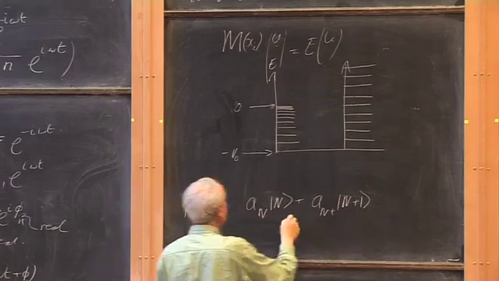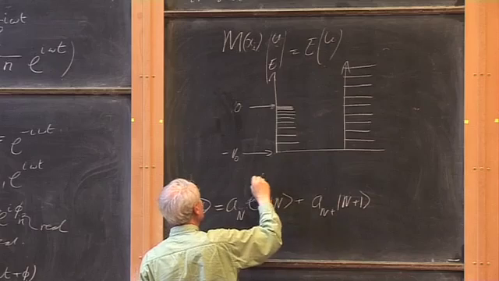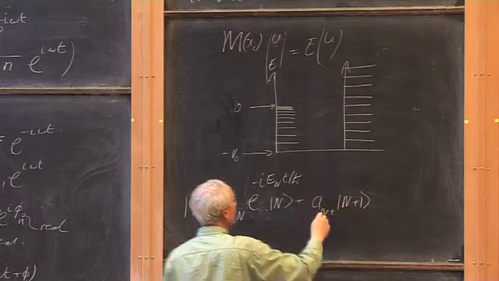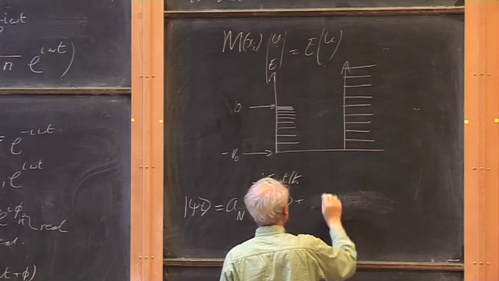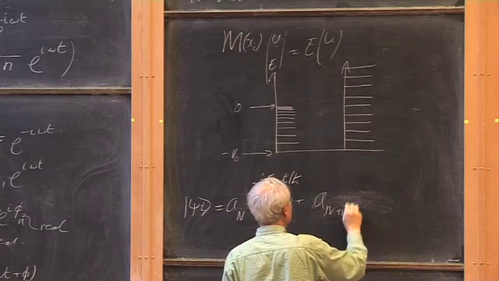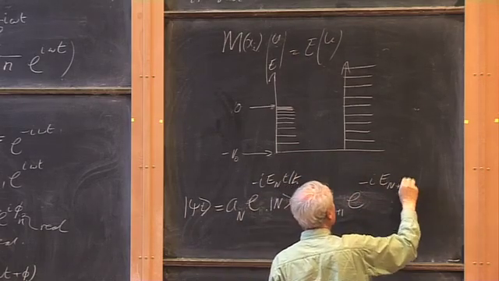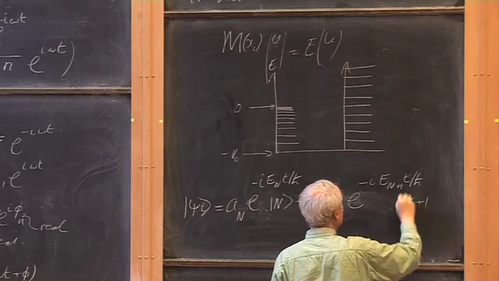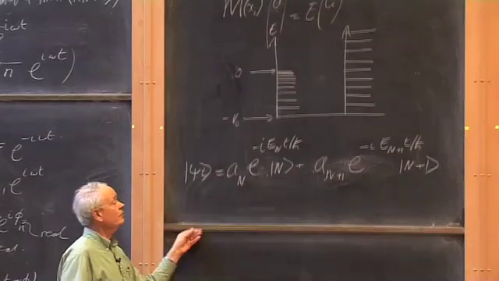The time evolution is going to be a_n e to the minus i E_n t on h bar |n>, plus a_{n+1} e to the minus i E_{n+1} t on h bar |n+1>.